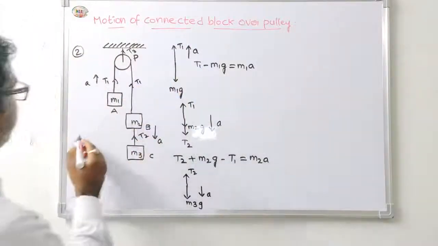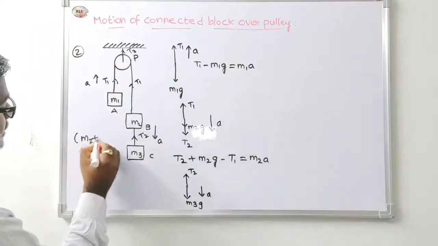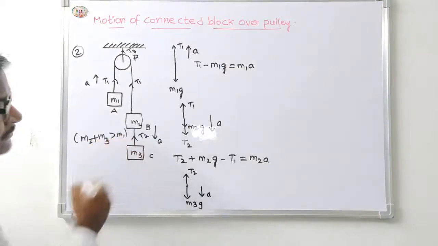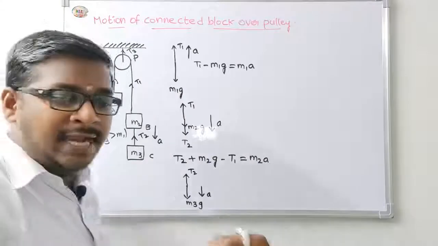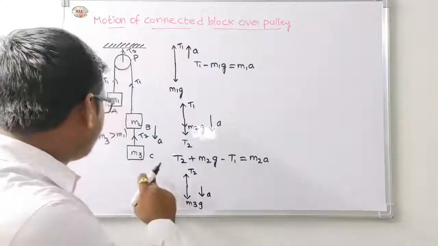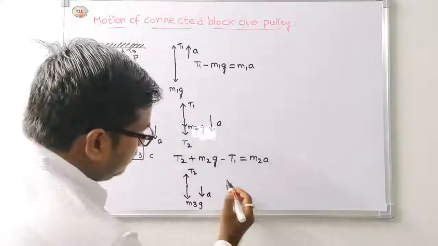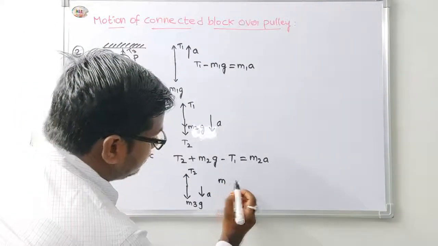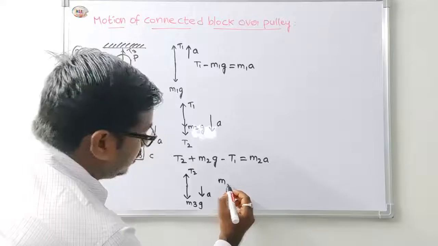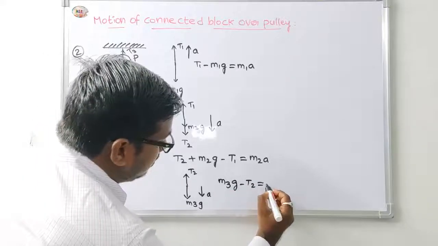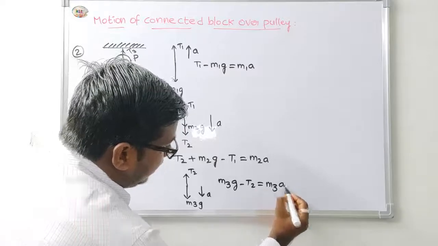That is why the acceleration direction depends upon the weight of the object. Then write the equation of the third block: M3G minus T2 is equal to M3A.